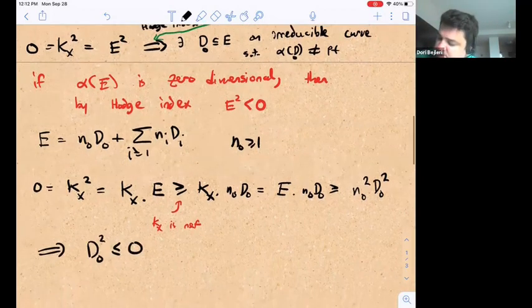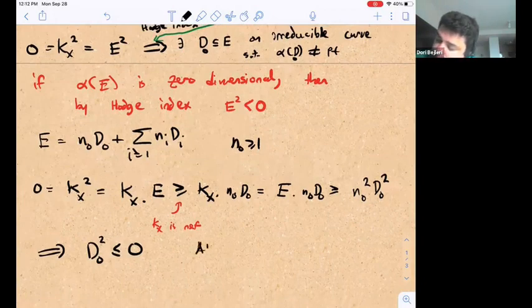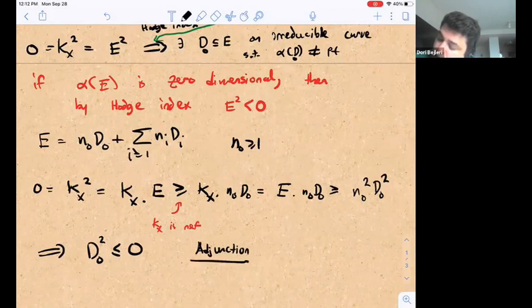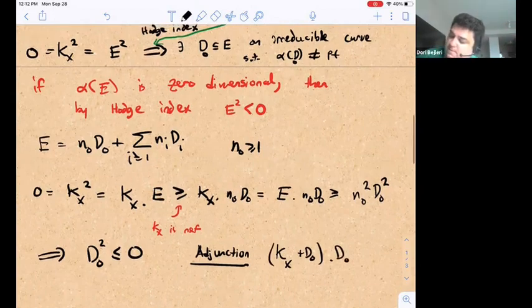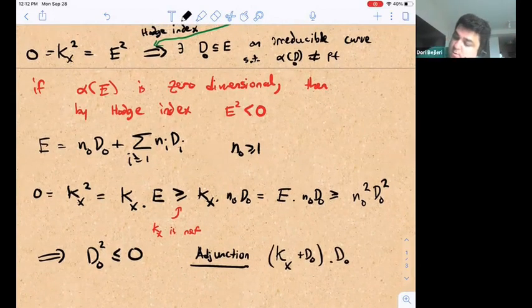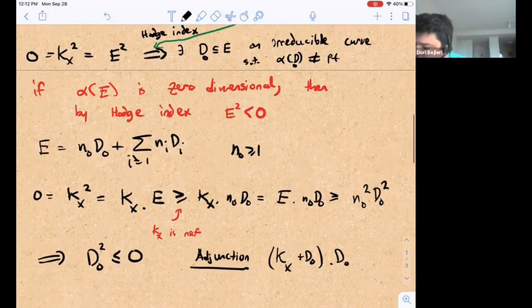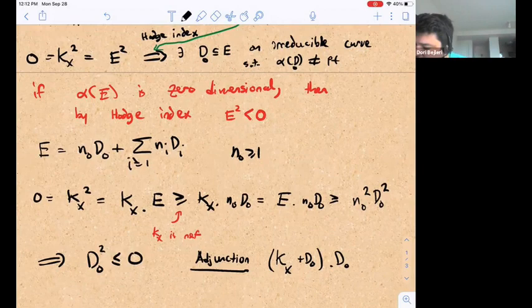Okay, but now by adjunction, kx plus d0 dot d0, well, kx dot d0, right.